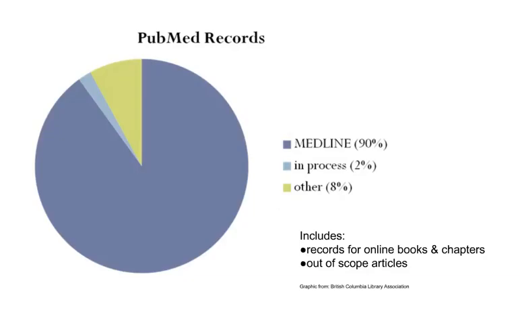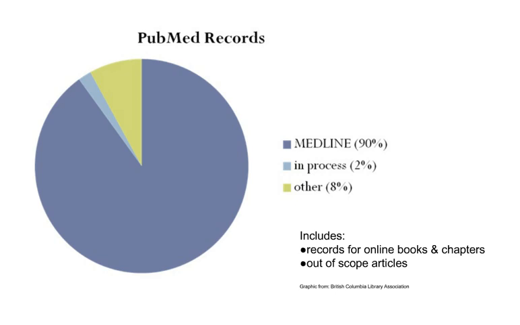But just to give you a visual as to what makes up PubMed. So 90% of PubMed is made up of the database Medline. So these are those citations that have those MESH terms attached to them. 8% of PubMed is other. So this would refer to records for online books and chapters, as well as out-of-scope articles.